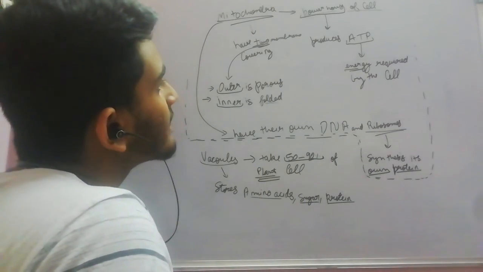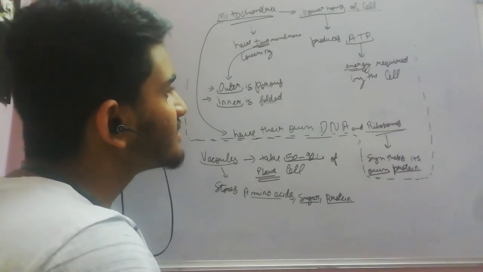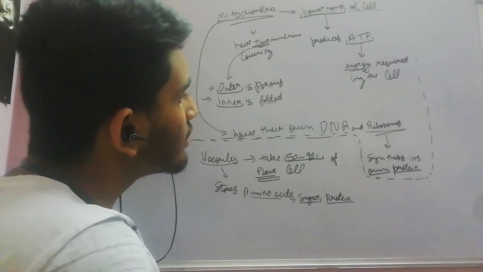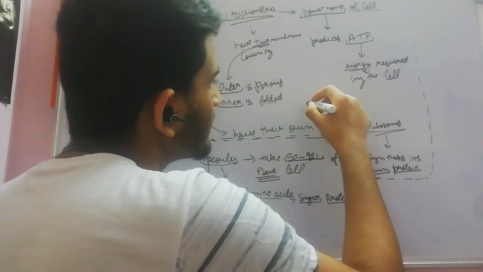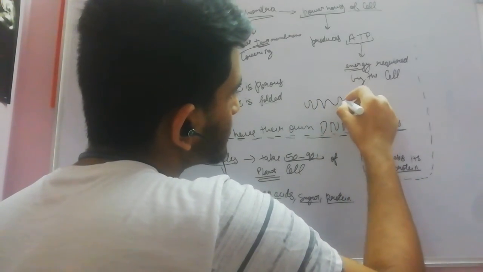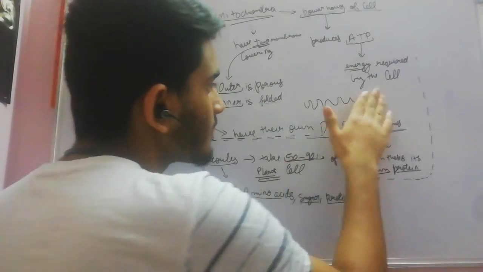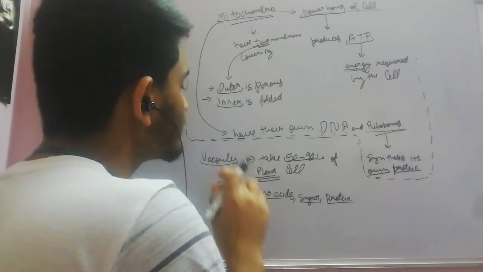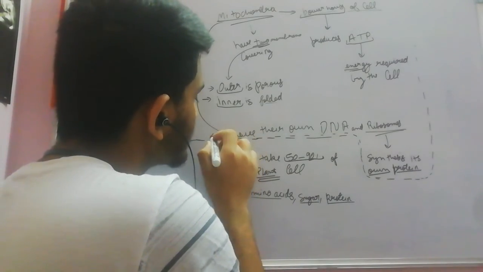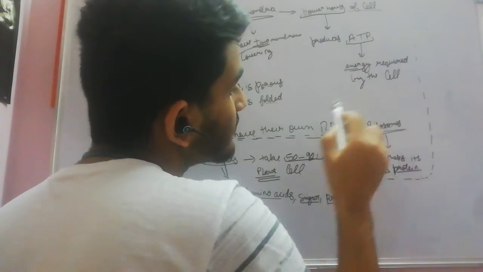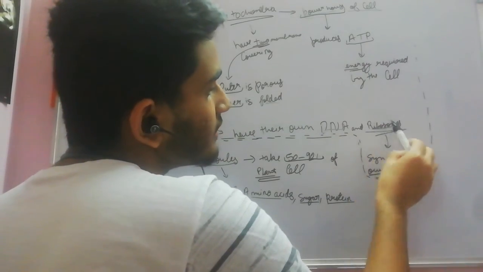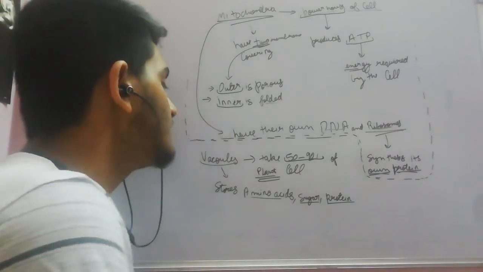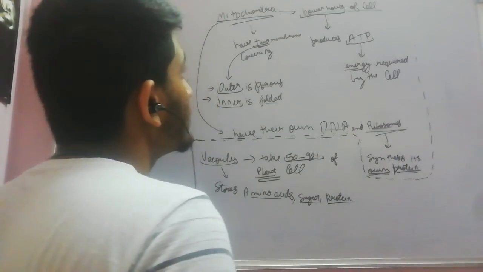The outer membrane is porous, which means it has pores on it, and the inner membrane is deeply folded like this. Mitochondria is special in the sense that they have their own DNA and ribosomes, and due to ribosomes they can synthesize their own proteins, which is a special feature of mitochondria.